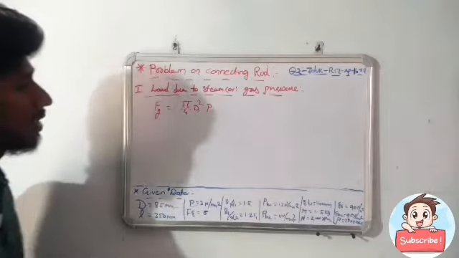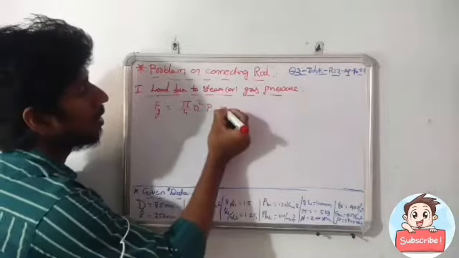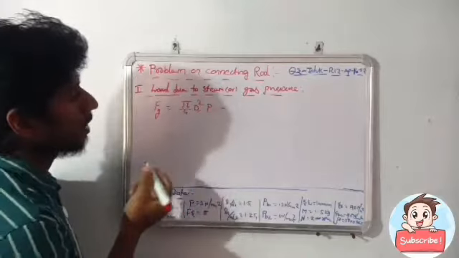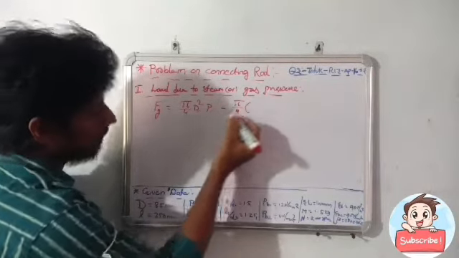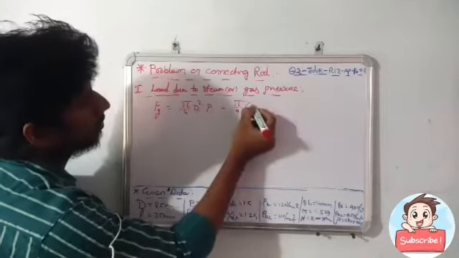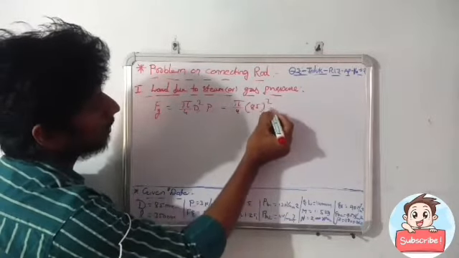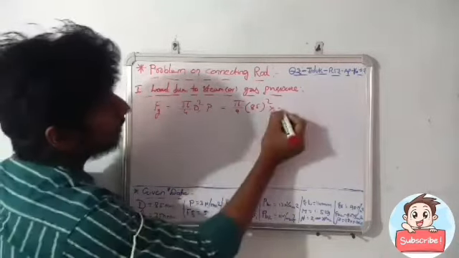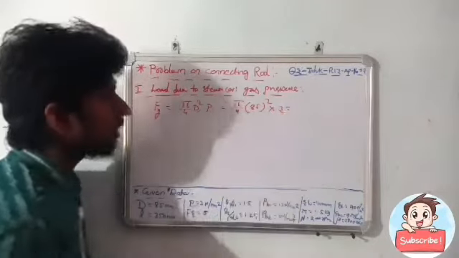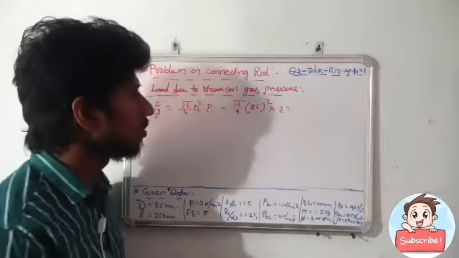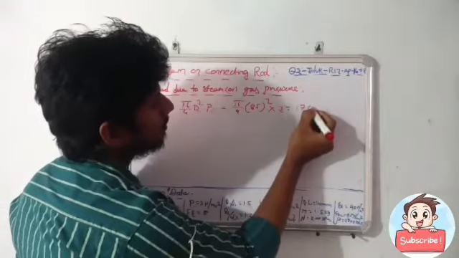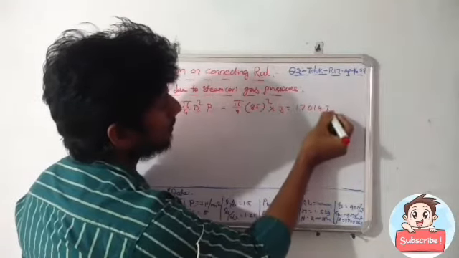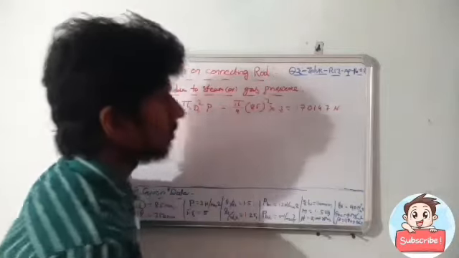So by substituting these values, we get the load due to steam or gas pressure. That is equal to pi by 4, what is d here? 85 whole square into 3. By simplifying this, we get the value, approximately 17014.7 newtons.